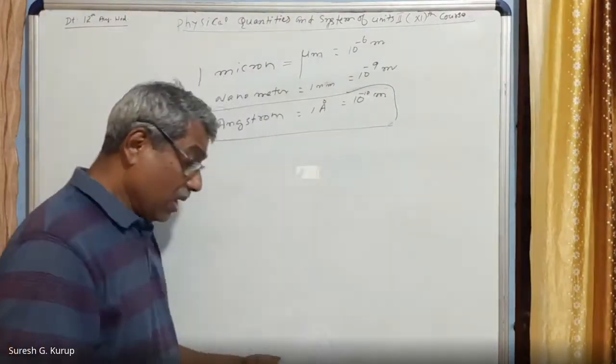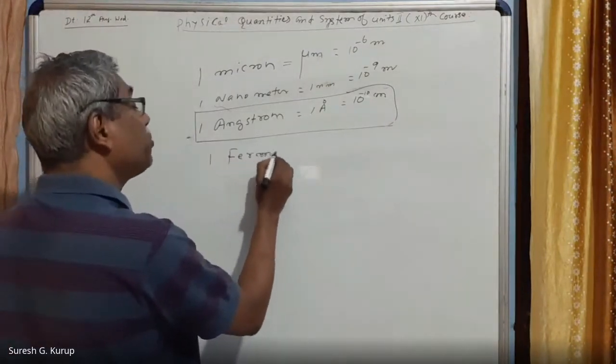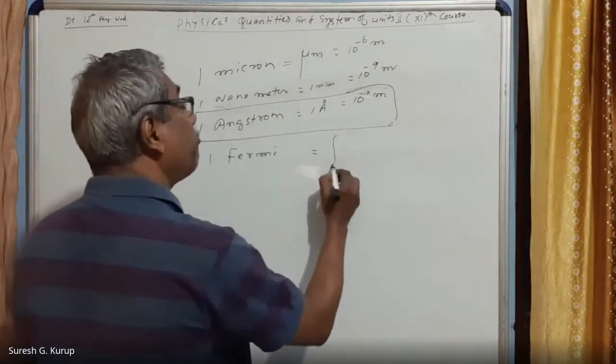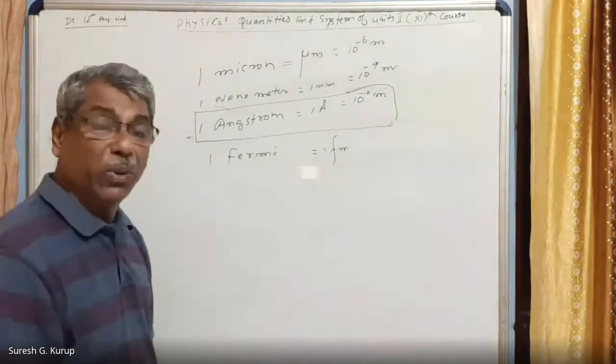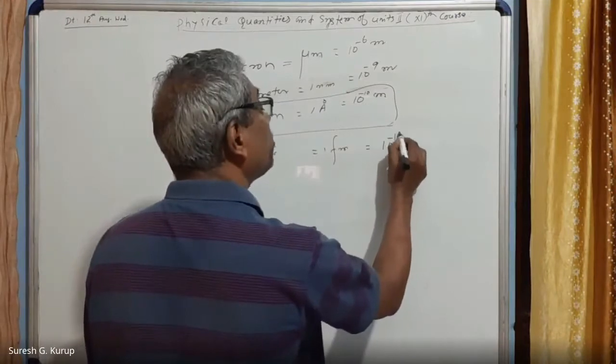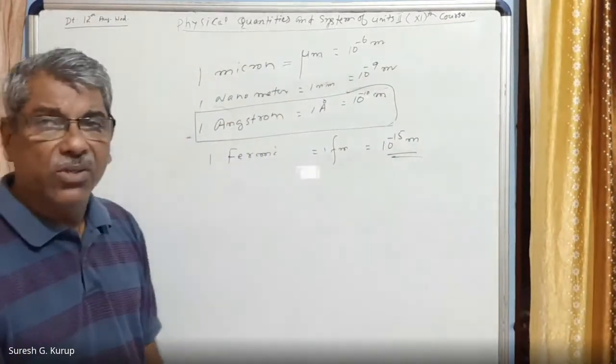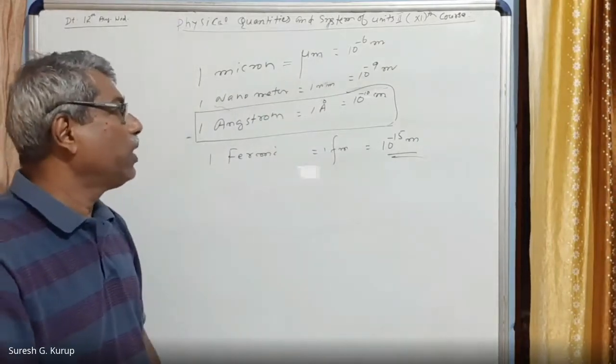Okay. Next one is Fermi. 1 Fermi unit, denoted FM, is equal to 10 raised to minus 15 meters. So to measure atomic distances we can use the Fermi, and sometimes the angstrom also.